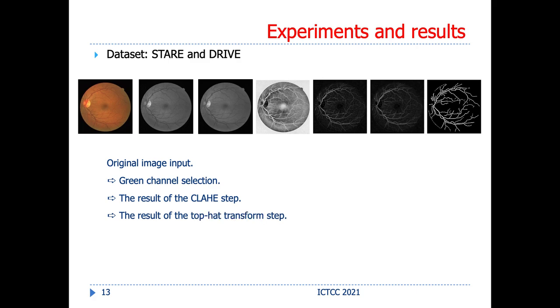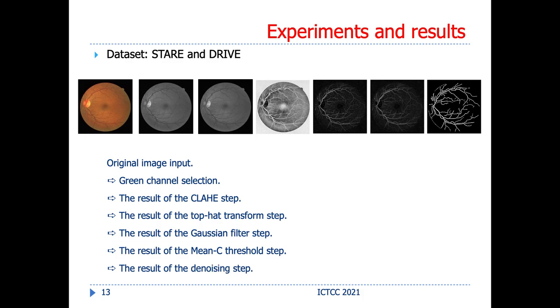Next is the result of the top hat transform. Next is the result of the applied filter for the step, and here we apply the Gaussian filter. Next is the result of the mean C threshold step, and the final is the result of the denoising step that is preparing for the final segmentation.